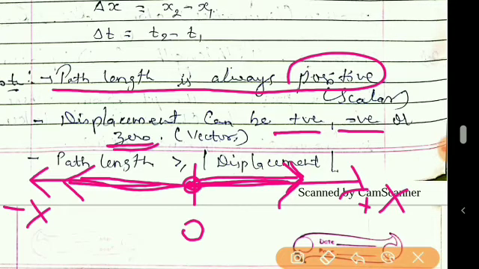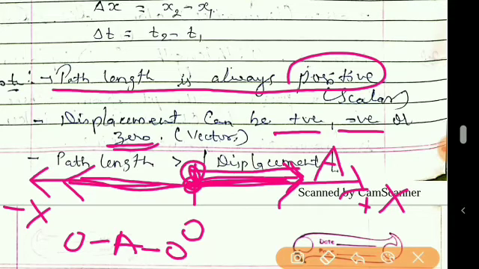Suppose an object moves from O to A and then again comes back to O. So for this path from O to A and once again to O, the path length is to be considered as O to A plus A to O, but displacement in this case is 0.